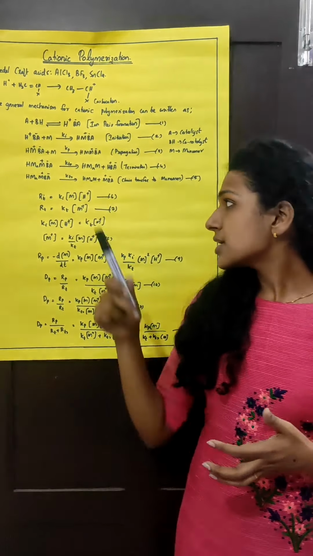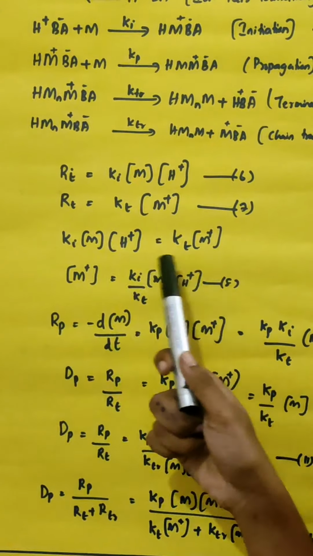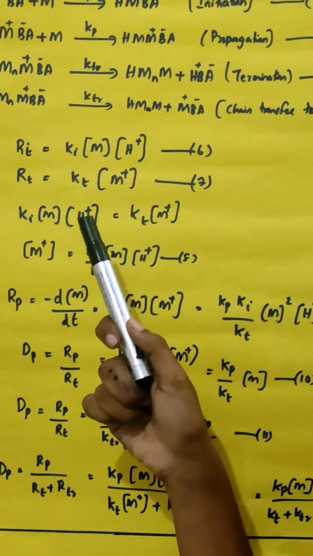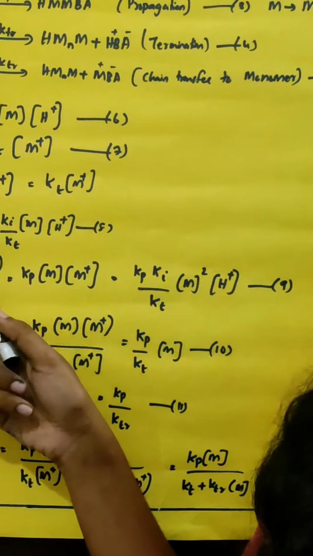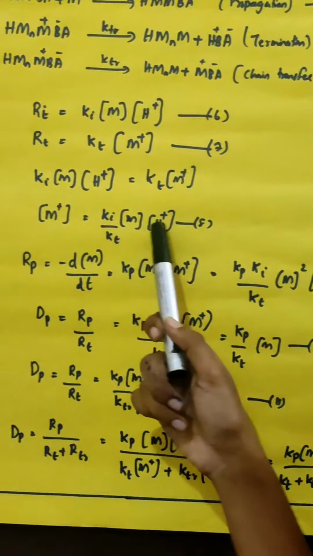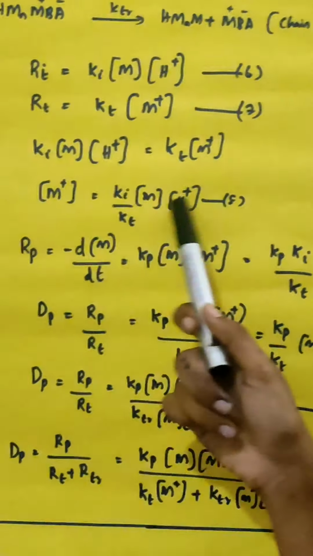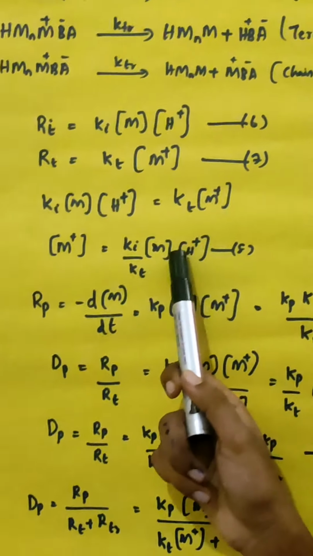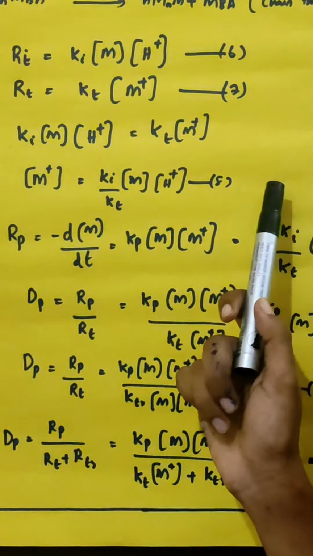So we can equate equation number 6 and equation number 7, and from this we can write the concentration of active center. Thus the concentration of M+ equals Ki divided by Kt into the concentration of M into the concentration of H+, that is equation number 8.